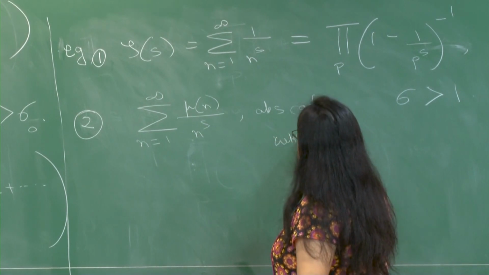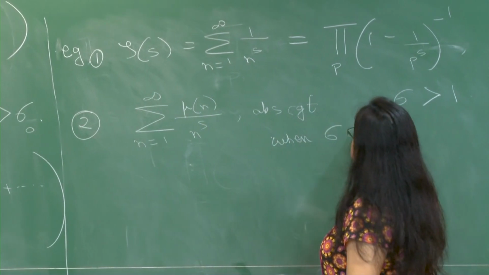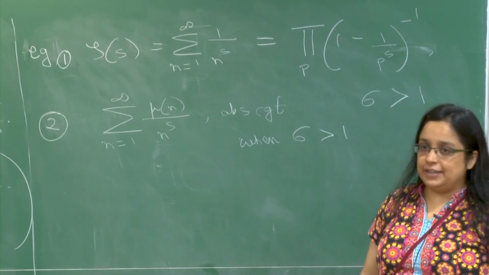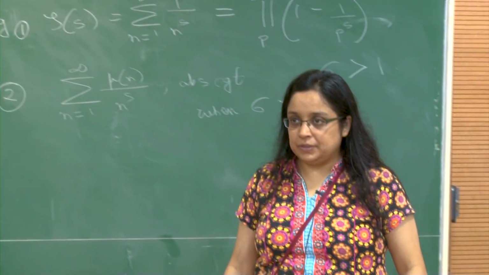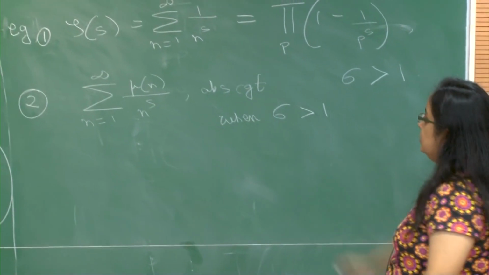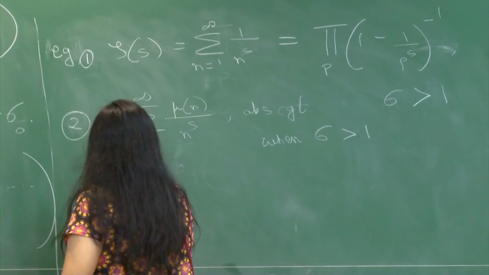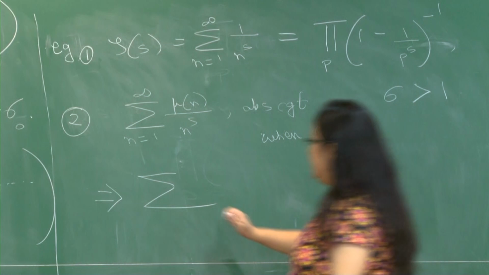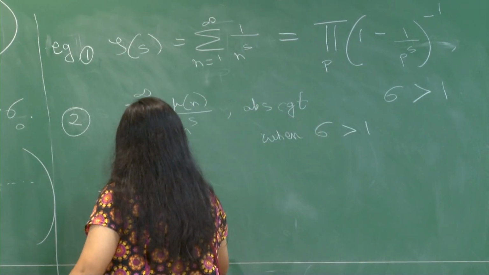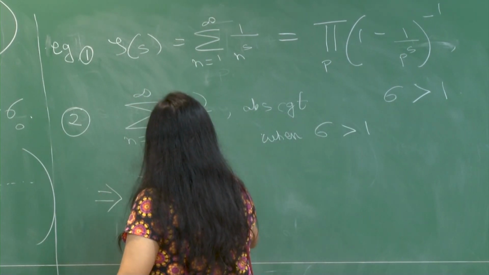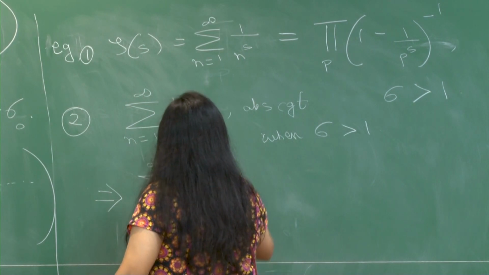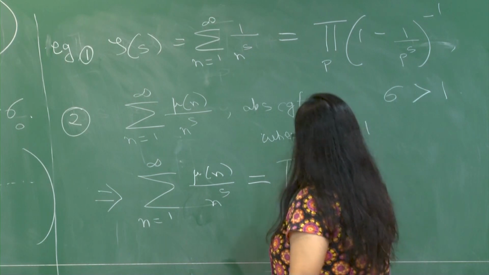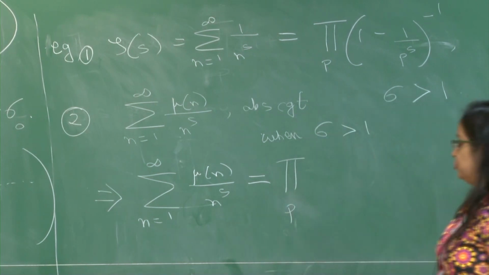You can verify when the real part of s, sigma, is greater than 1, just like above, since absolute mu of n is at most 1. So, therefore, in this region where it converges absolutely, the sum n going from 1 to infinity of mu of n over n to the s can be written as the infinite product over the primes.